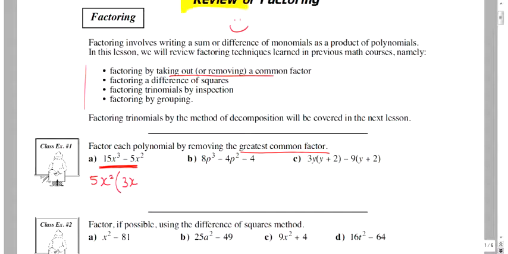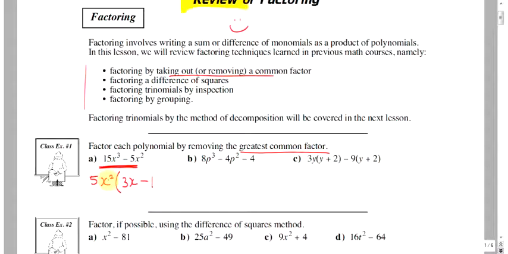Yeah? Okay. Minus. What can I take? How do I get from this to that? What do I multiply 5 by to get 5? 1. Let's put that there for now.